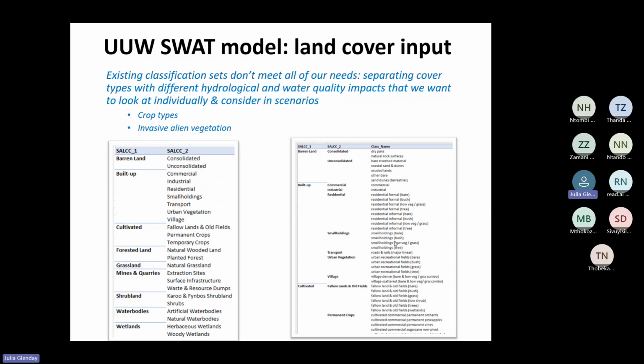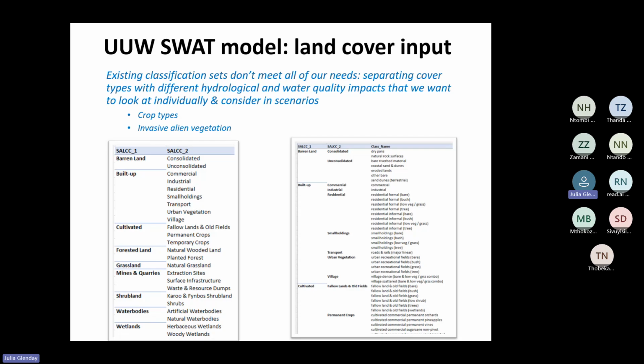There are other maps around produced by other people that classify things into invasive alien vegetation using different methods. So we could look at merging something like that if it seems important for your modeling, like if alien clearing is something that you're going to be particularly working with here.